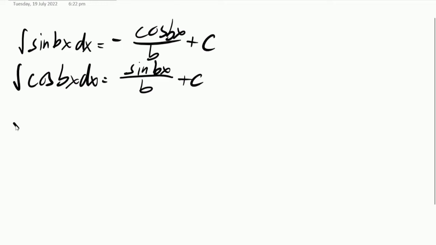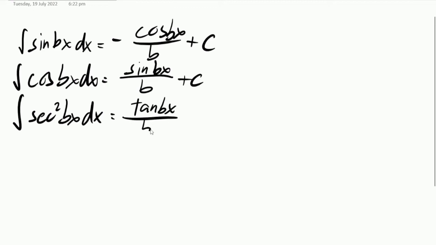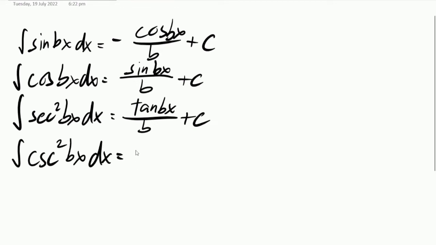Okay, next we have secant squared bx dx. This is equal to tangent bx over b plus c. Next is cosecant squared bx dx, which is equal to negative cotangent bx over b plus c.